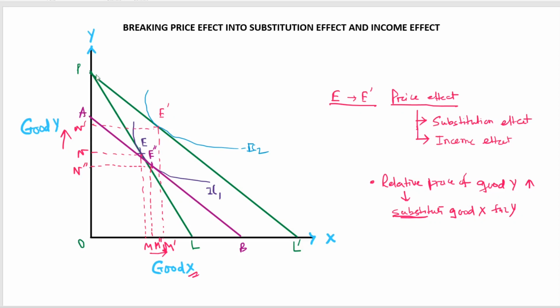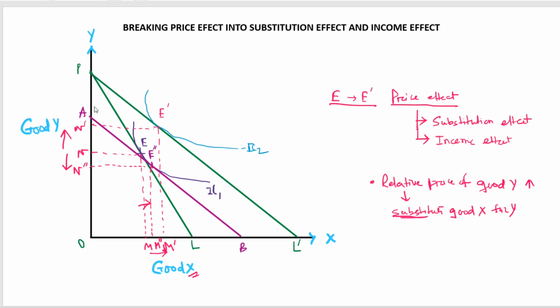So if we forego the income effect, we can see the consumption of good Y decreases from N to N double prime, and the consumption of good X increases from M to M double prime. Okay, so that is the sole effect of the substitution effect.